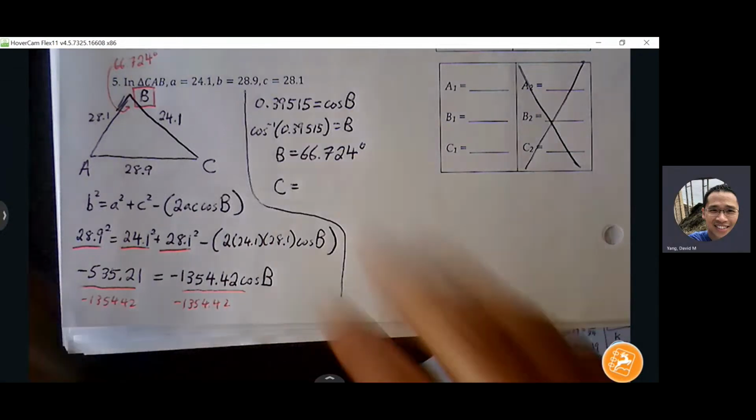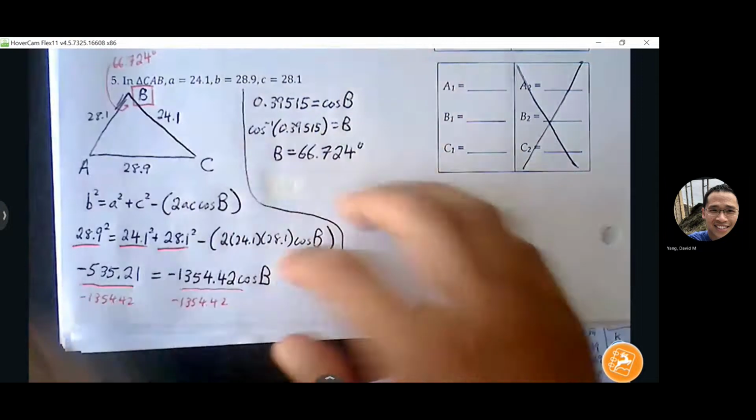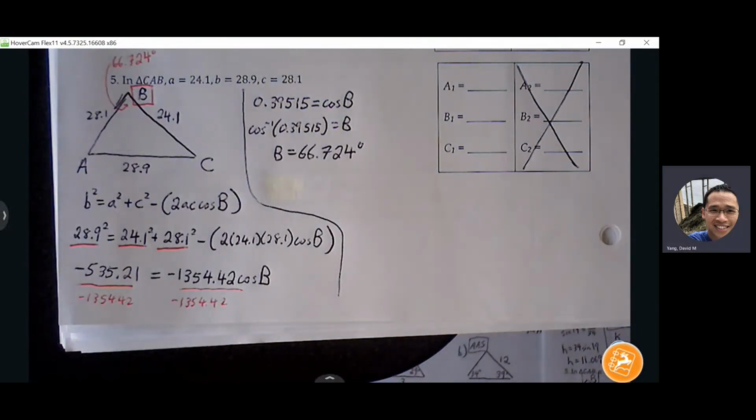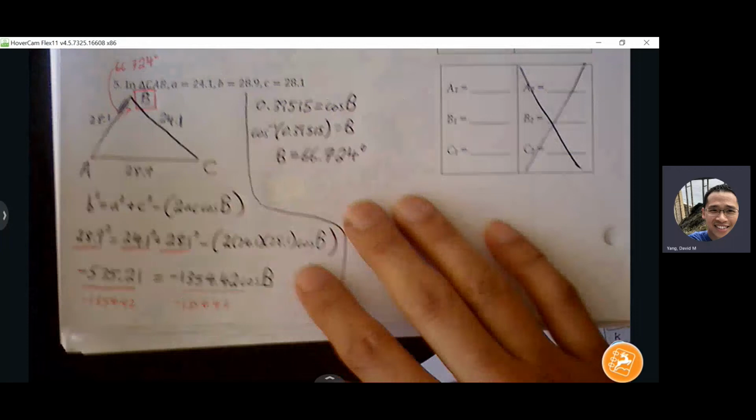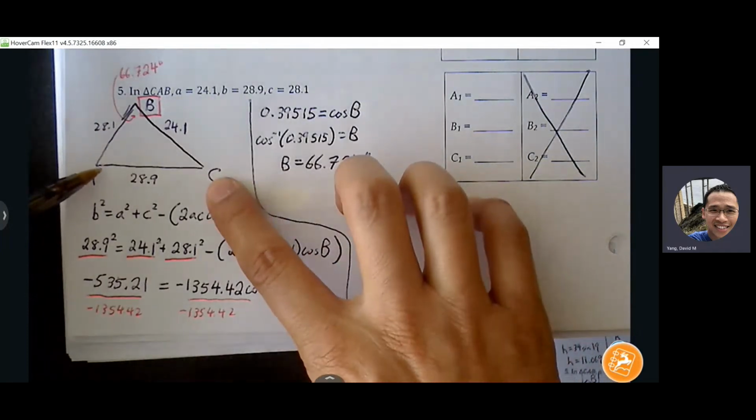Not ready for C yet. Okay, so now I can transition over to law of sines to help you find either angle A or angle C.